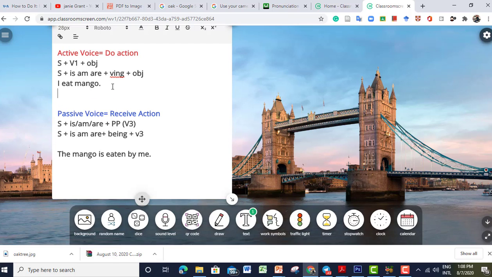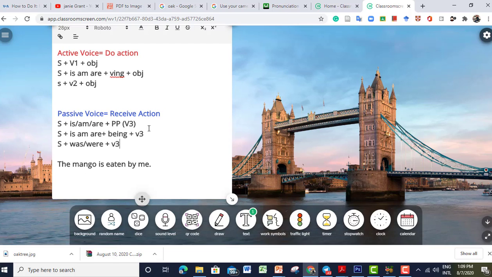So then, like the past form, we form it like this: subject plus verb 2, right? We use verb 2 plus the object. Okay. And in the passive we use a subject plus the past of is, am, are, we use was or were, plus verb 3.